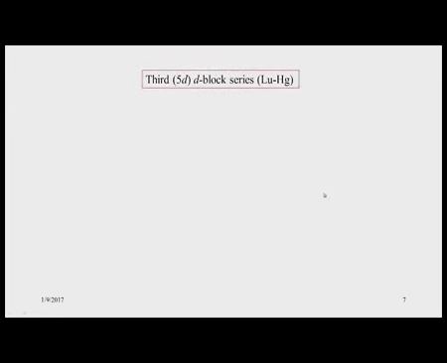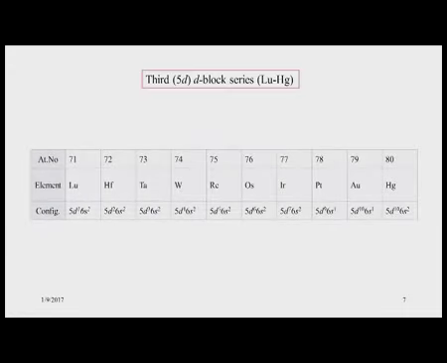Similarly, the other one is the 5d block, which goes from lanthanum to gold. Sorry, the element 71 is lutetium, but the series starts with La, lanthanum, and goes to gold.